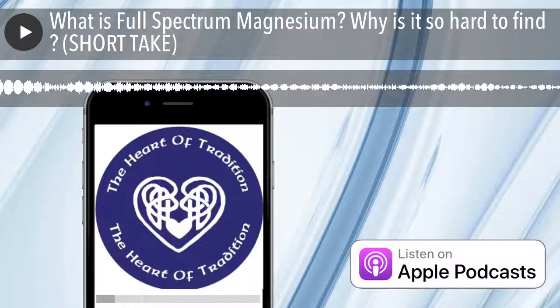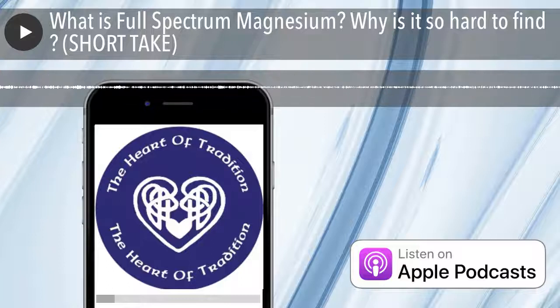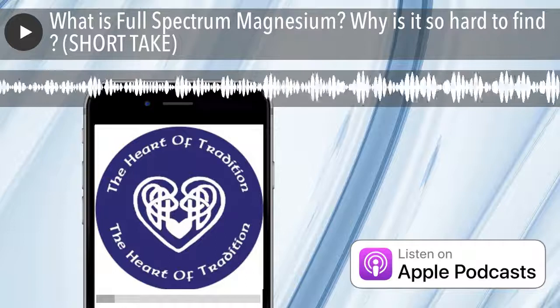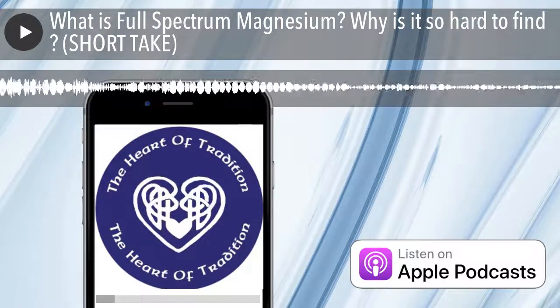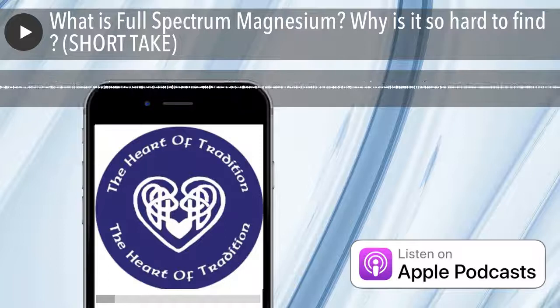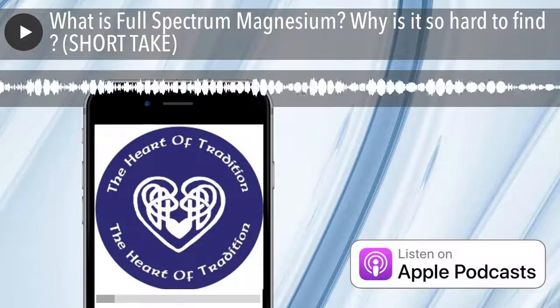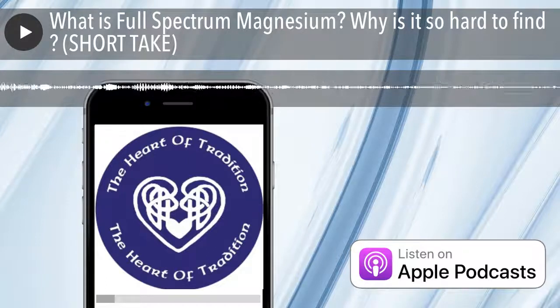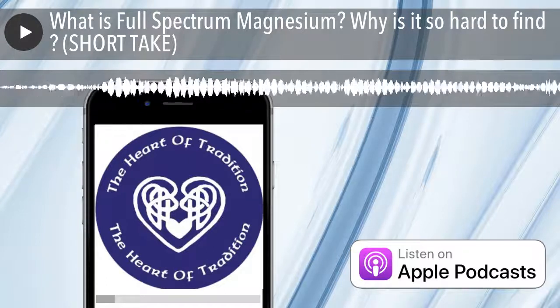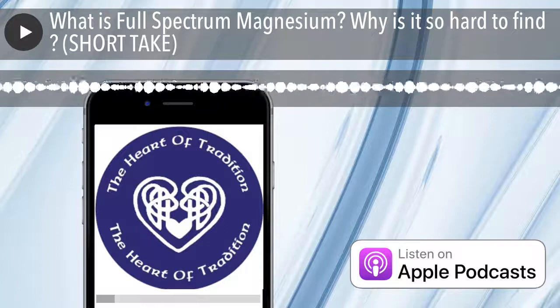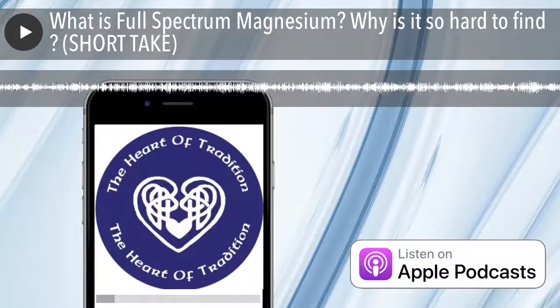Glycinate, threonate, all of those worlds of pedolate, citrate, malate, all that stuff you're going to find, they're all going to be coming from this base molecule. It's a magnesium chloride molecule that they've got from magnesium carbonate, chalk, something that was attached to potassium or calcium or other things, and then they had to add all these solvents and then worse things, heavy metals and things, bromine if they're using Dead Sea, and then you have mercury in the Salt Lake.